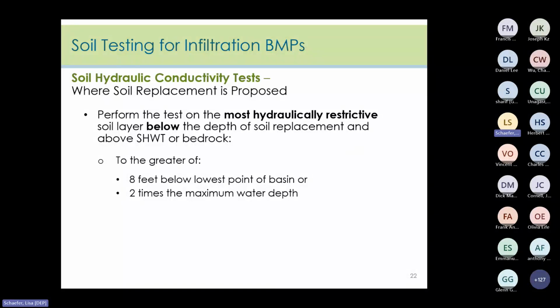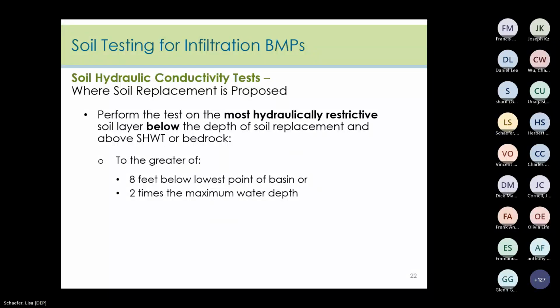Okay, this requirement means first that the excavation of the soil profile must reach to the required depth, and second, the hydraulic conductivity must be tested on the most hydraulically restrictive soil layer below the soil replacement or lowest part of the basin, but above the required soil profile depth.